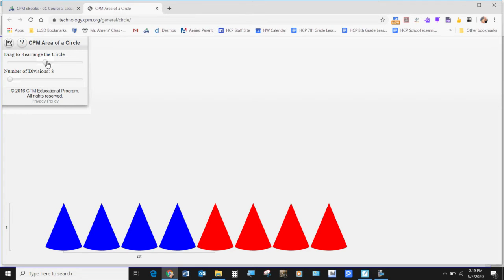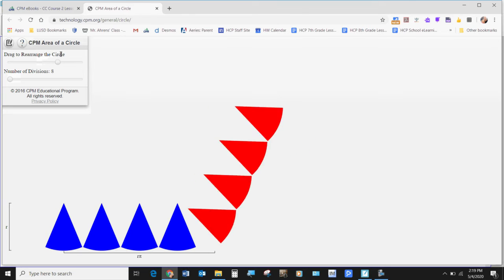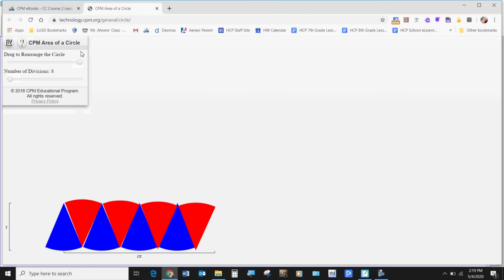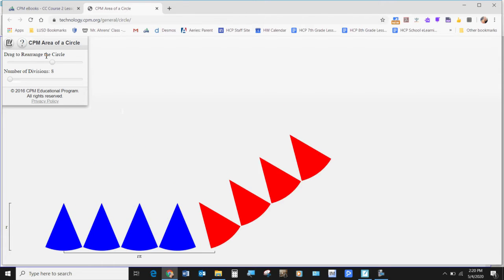And if I continue with this process and just bring the red wedges up and over the top, we've now got something that's starting to resemble a parallelogram, where this side is going to be parallel to this side, and you can't really say that these are parallel to each other because there's some curvature happening there. But this is when we broke our circle into 8 equal parts.